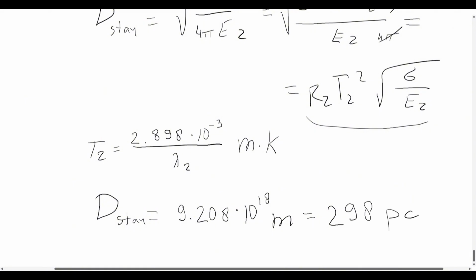Well, you can get some different numbers. Well, maybe about 300 parsecs. It all depends on what numbers you actually use. But overall, there's an answer. Thank you.